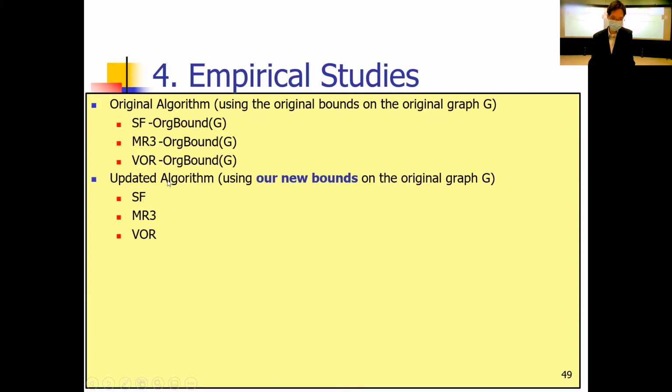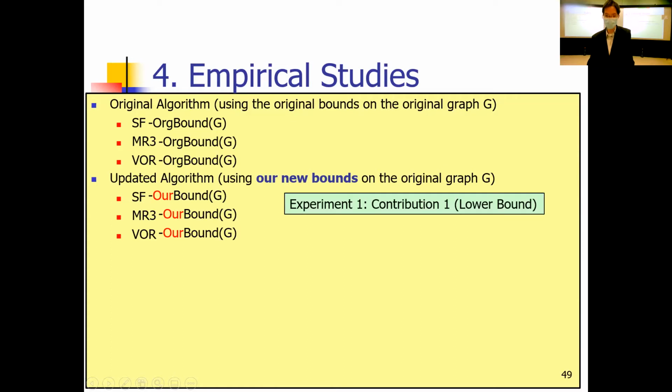We also use these three algorithms and just replace the original bound with our new bound. So we have this notation, our bound on the original graph. This corresponds to our contribution 1, and experiment 1 will show the effectiveness of contribution 1.